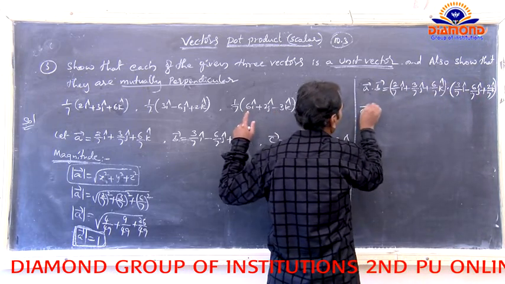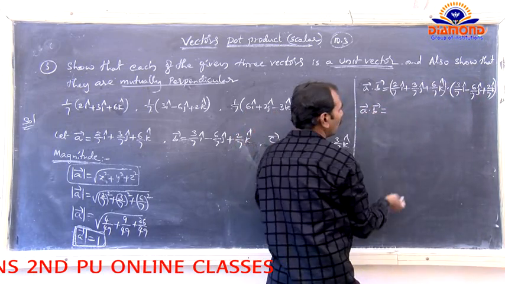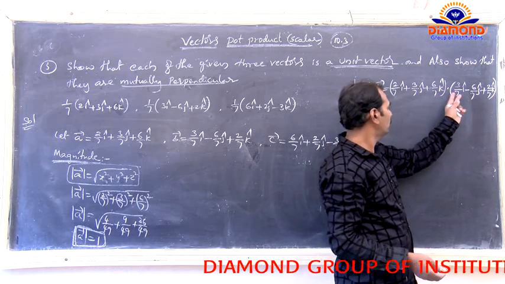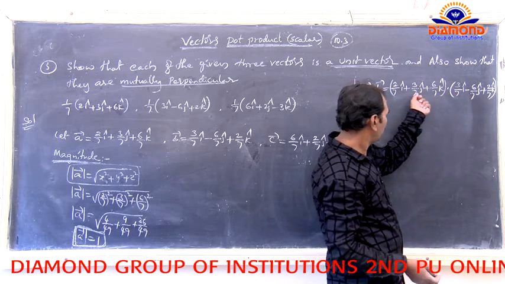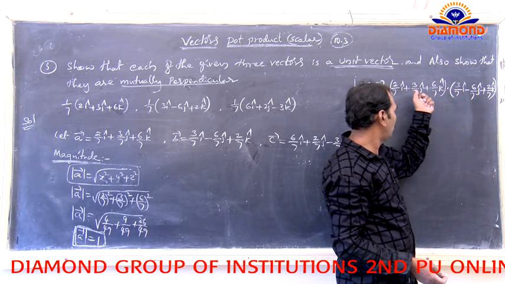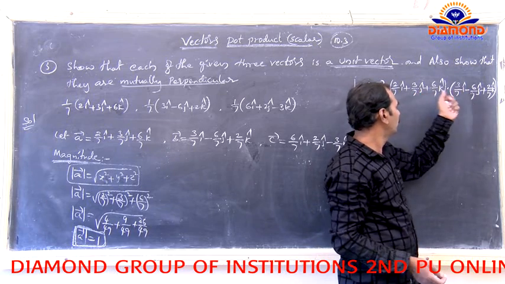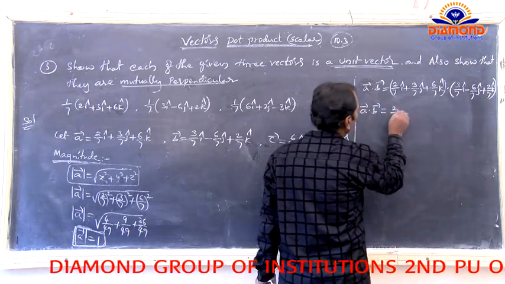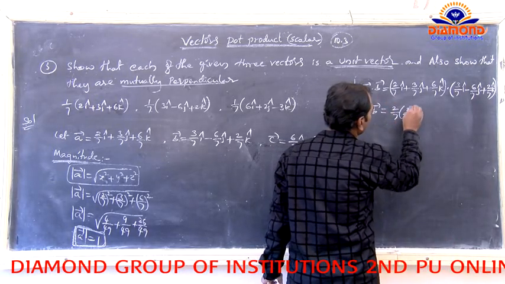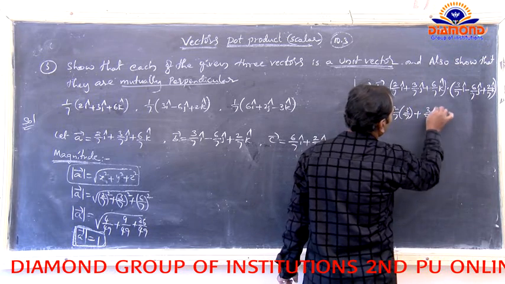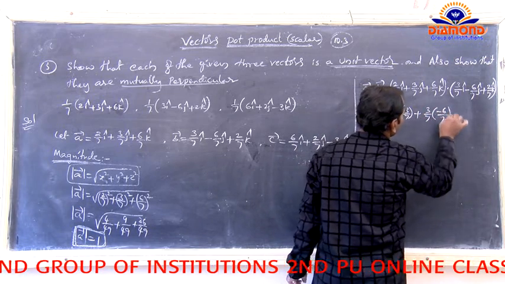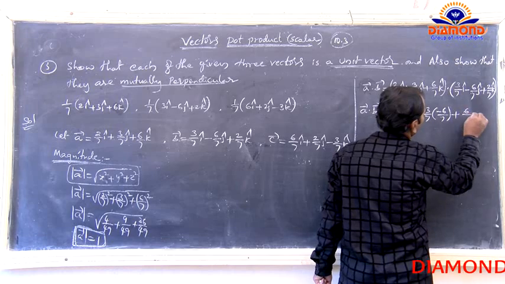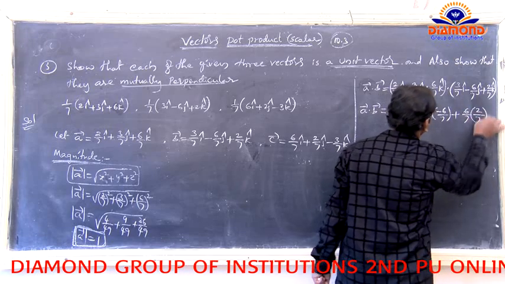So a vector dot b vector, you know already, i dot i is a1 b1, j dot j is a2 b2, k dot k is a3 b3, and the remaining values are 0. So 2 by 7 into 3 by 7 plus 3 by 7 into minus 6 by 7 plus 6 by 7 into 2 by 7.